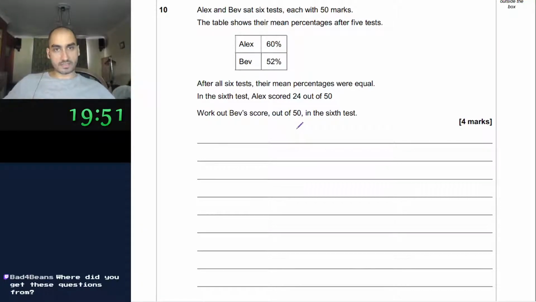Alright, Alex and Bev sat 6 tests, each with 50 marks. The table shows their mean percentages after 5 tests.